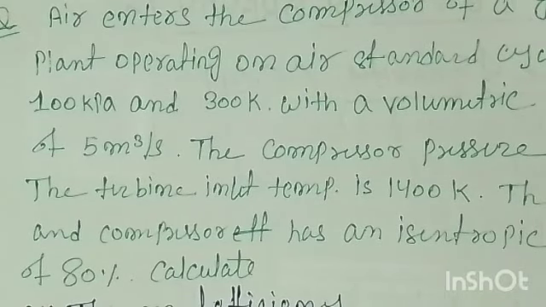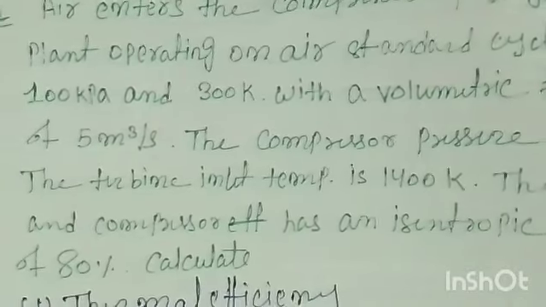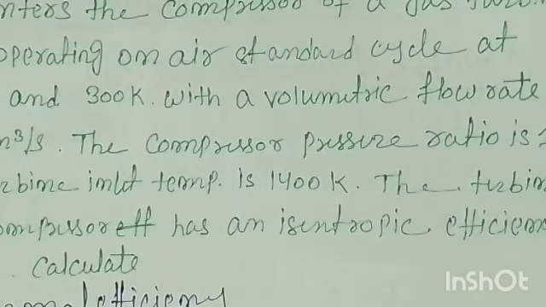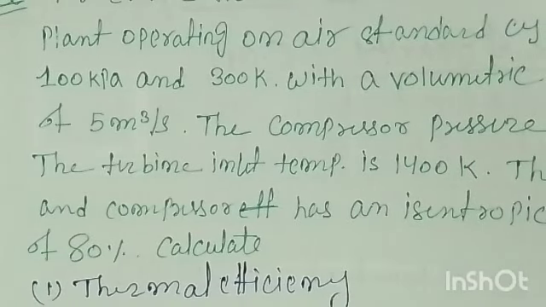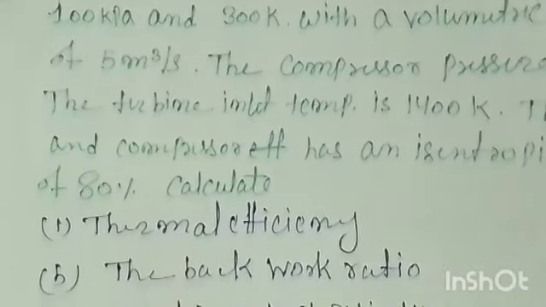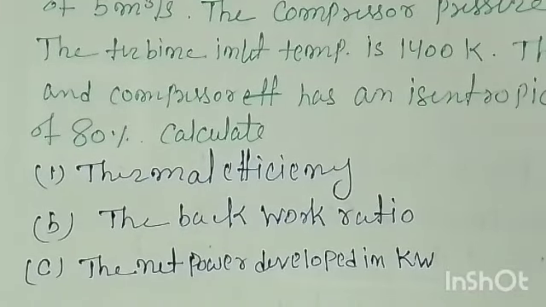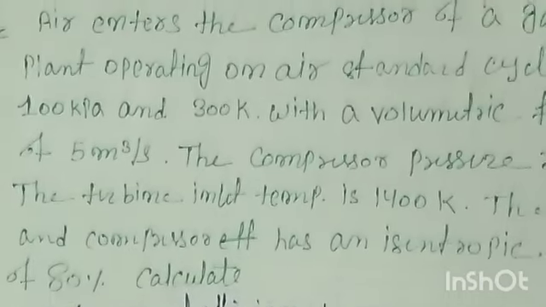The compressor pressure ratio is 10. The turbine inlet temperature is 1400 Kelvin. The turbine and the compressor isentropic efficiency is 80%. Calculate the thermal efficiency, the back work ratio and the net power developed in kilowatt. So this is your question.